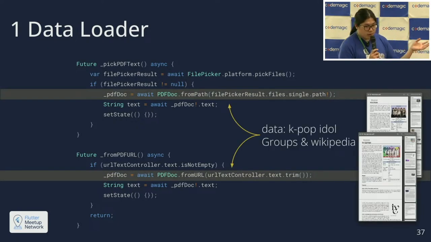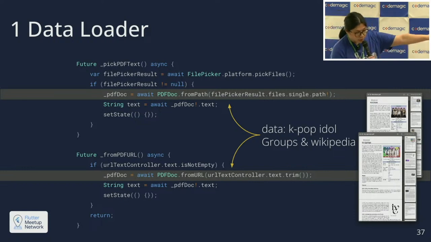In pickPDFText, I use the file_picker package to read files from the device. PDFDoc is a class defined in the flutter_pdf_text package. The fromPath and fromURL methods are static asynchronous methods defined in the PDFDoc class.